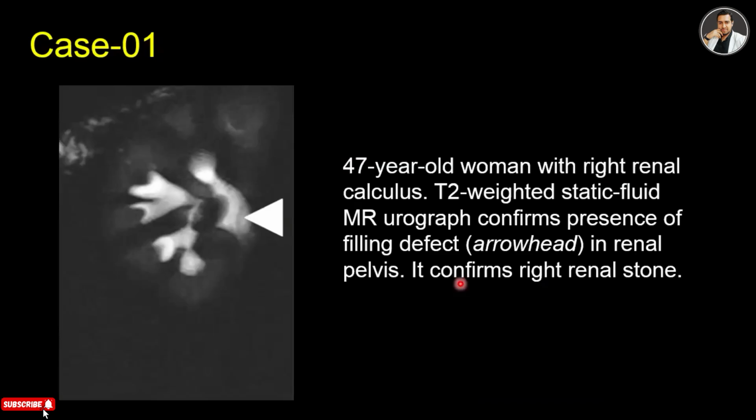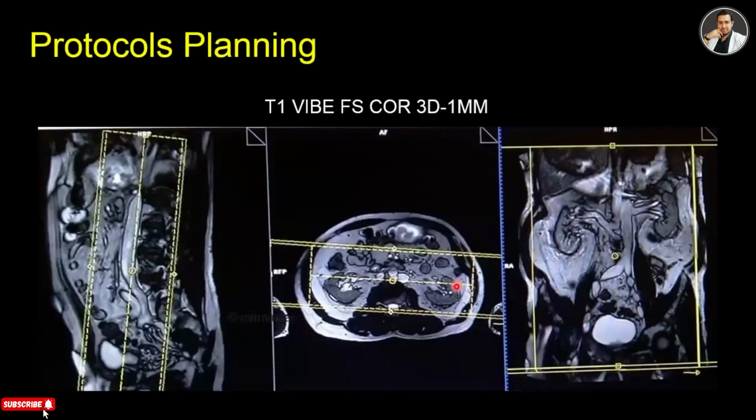And now, I'm sorry, this is a protocol after the contrast is given. This is a post-contrast protocol. So you can get the excretory phase images in this protocol, and it's a 3D protocol.